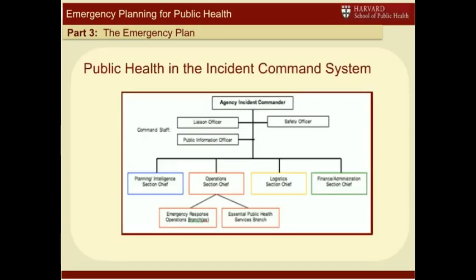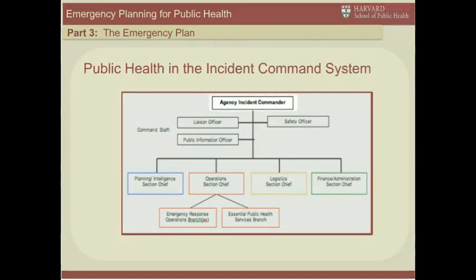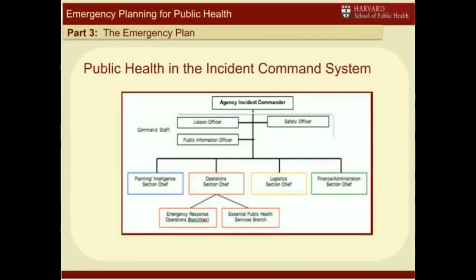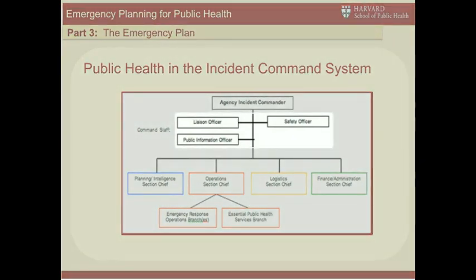This chart illustrates the basic incident command system organization. Each box represents a role or area of expertise. The incident commander manages the overall incident support with help from his command staff, the liaison, safety, and public information officers.